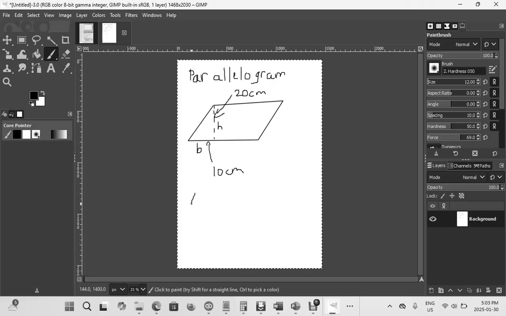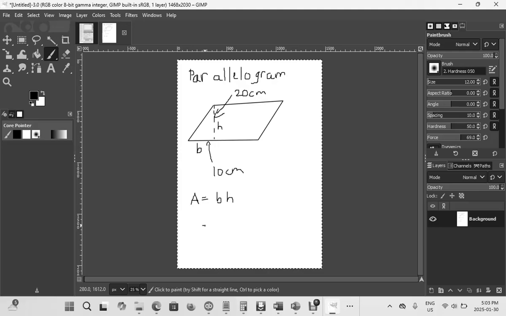So remember the formula for a parallelogram, or the quadrilateral with two pairs of equal sides, with the distance between those two sides being equal continuously: A equals B times H, which is base times height.